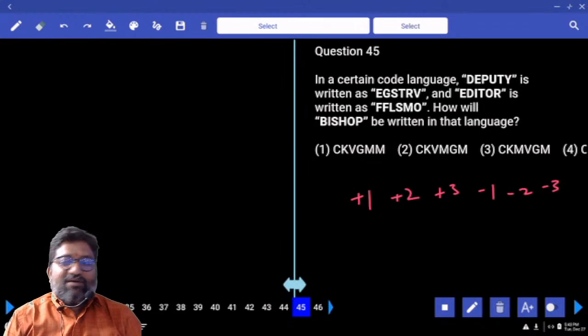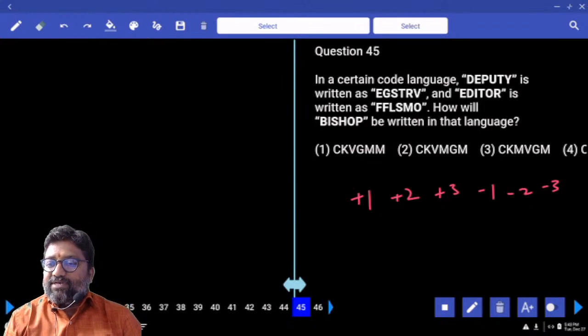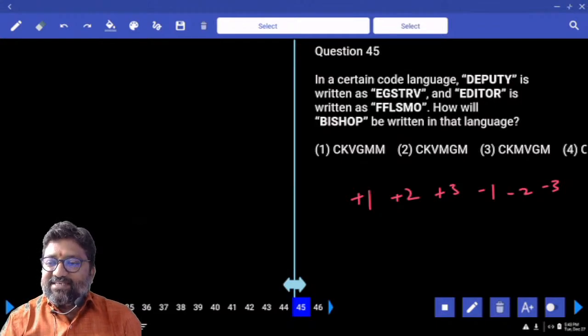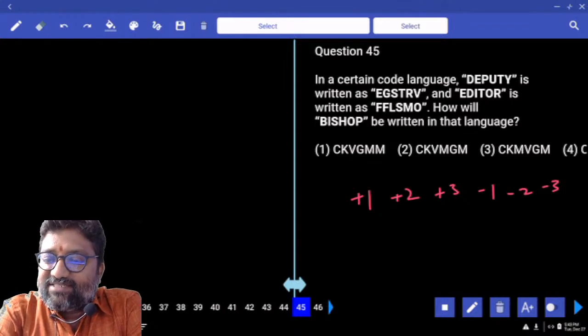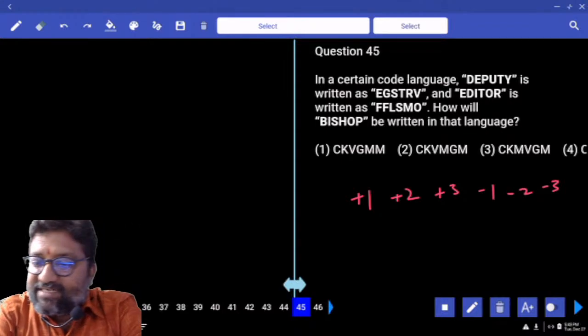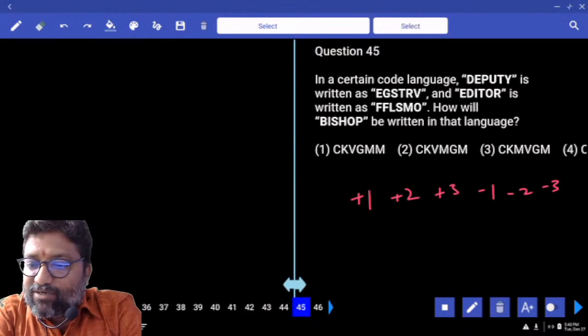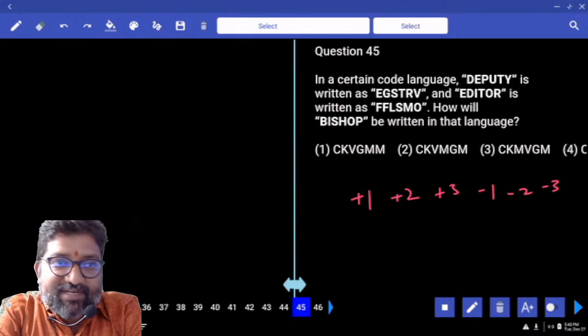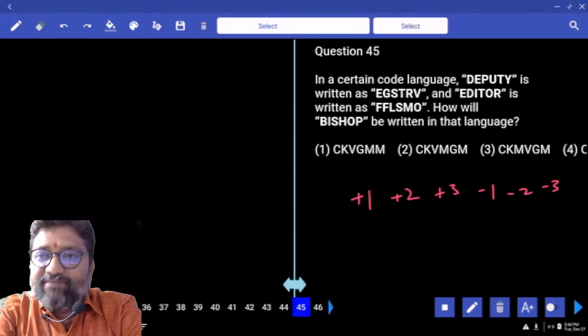Is this clear? Plus 1 plus 2 plus 3 minus 1 minus 2 minus 3. Is the same logic applicable for the editor and its code? Let me see here. 5 and 6 plus 1, 4 and 6 plus 2, 9 and 12 plus 3, 20 19 minus 1, 15 13 minus 2, 18 15 minus 3.